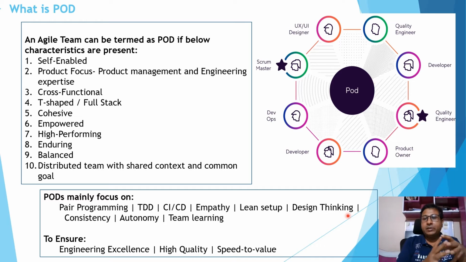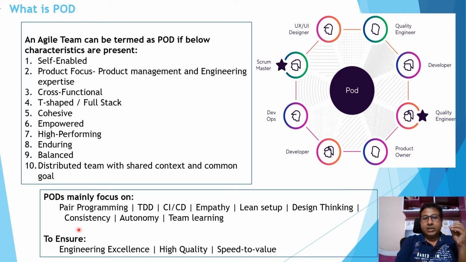We can have a separate topic altogether on design thinking, but just to understand, as part of this presentation, design thinking is basically customer-focused thinking, customer-focused design. And when we are thinking about any design, it should keep in mind the entire system, not a particular piece or a particular module.